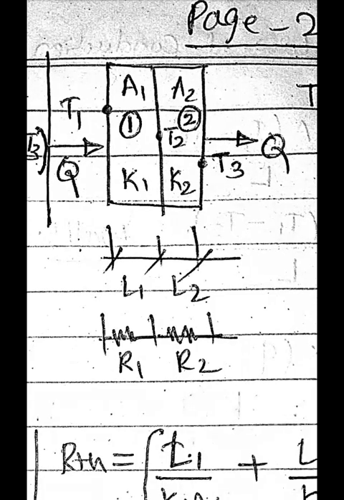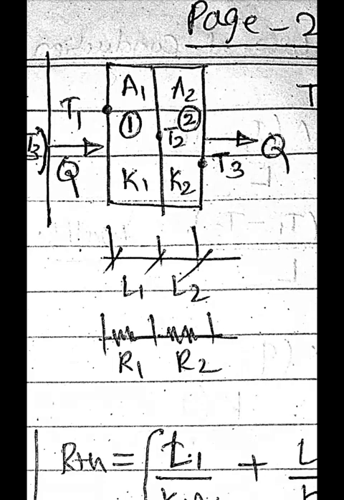So for this case, you have to write the equation using Fourier's law of conduction. Okay, always remember that the rate of heat transfer, this Q, is taking place from extreme left to extreme right. At the same time, the rate of heat transfer in the first block is equal to the rate of heat transfer in the second block. No doubt there will be certain losses, but we ignore those losses.